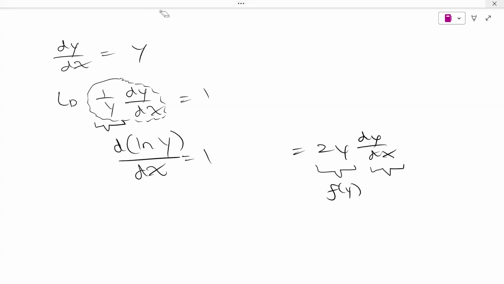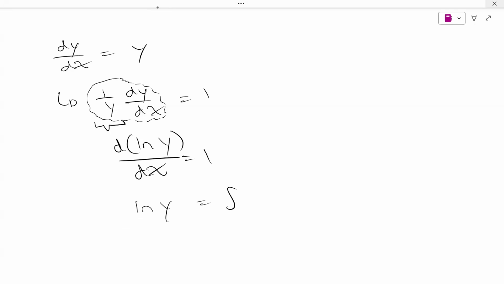So natural log of y equals the integral of 1 dx, which is x plus c. So y is e to the x plus c.